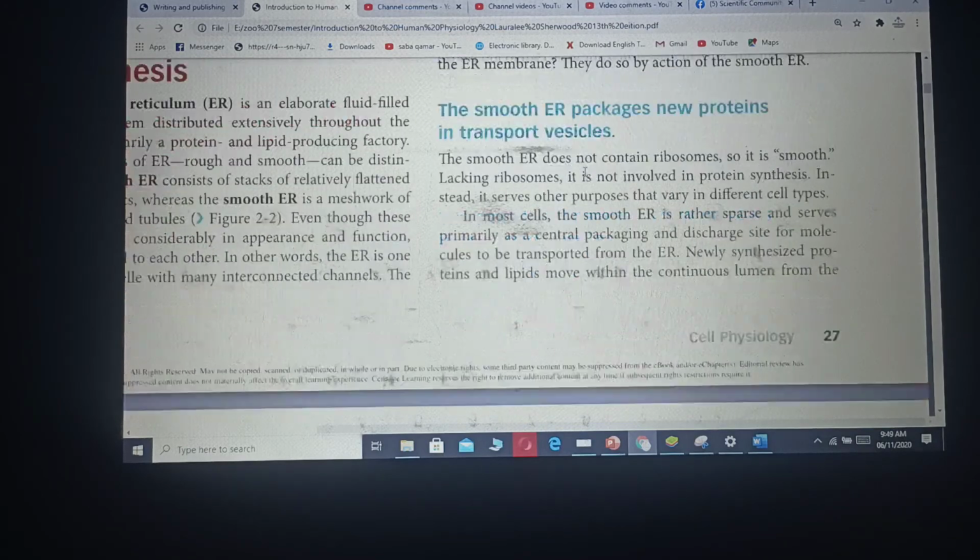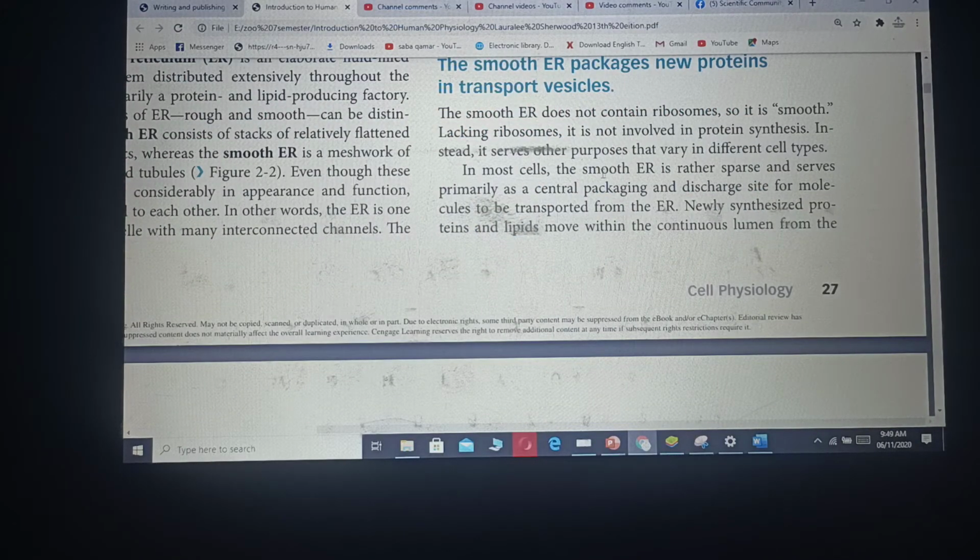On the other hand, smooth endoplasmic reticulum is distributed throughout the whole cytoplasm, and is involved in the packaging and discharging of different molecules that are synthesized at the rough endoplasmic surface.